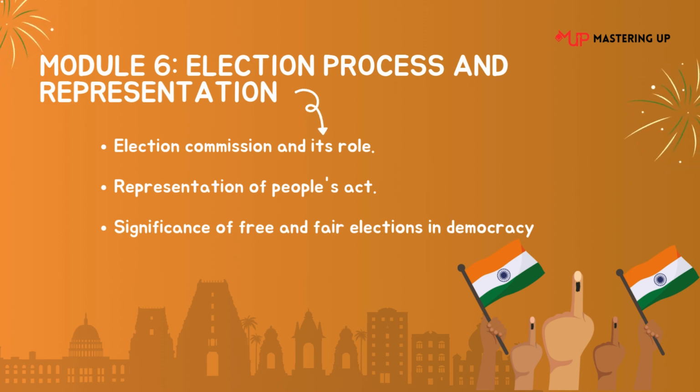Some types of elections are mentioned in the Constitution, like general election for Lok Sabha members every 5 years, state election for legislative assembly, local bodies election for panchayat and municipalities.